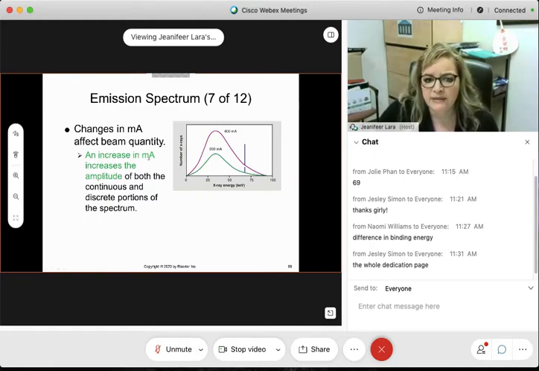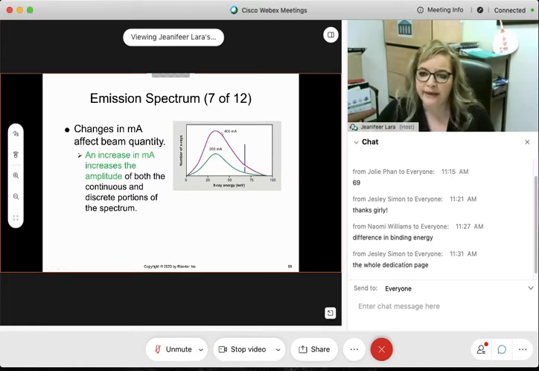So an increase in mA increases the amplitude. The amplitude means the height of the curve. The height of the curve represents what again? Is it the amount of the x-rays? The number of x-rays.